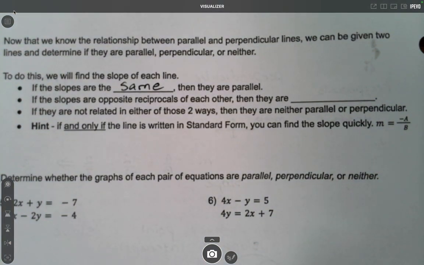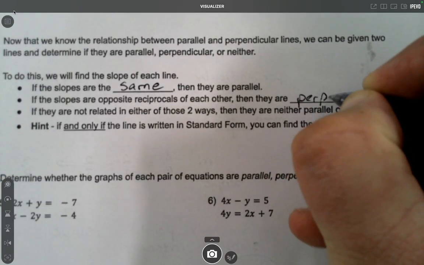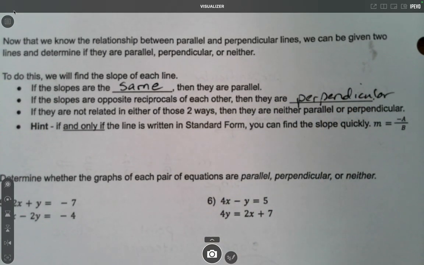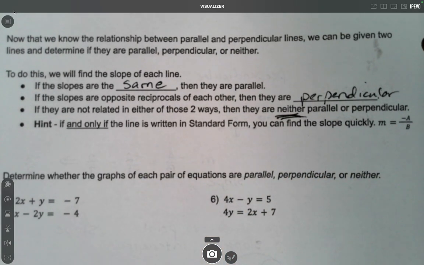If the slopes are opposite reciprocals of each other, then they're perpendicular to each other. If they're not related in either of those two ways, then they're neither.